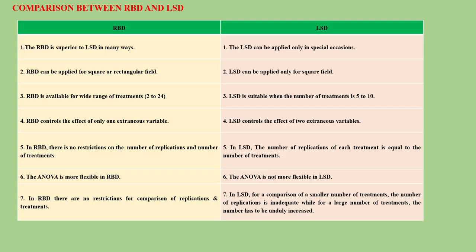In RBD there are no restrictions for comparison of replications and treatments. In LSD, for comparison of a smaller number of treatments the number of replications is inadequate, while for a large number of treatments the number has to be unduly increased.